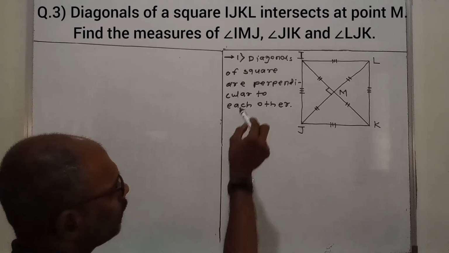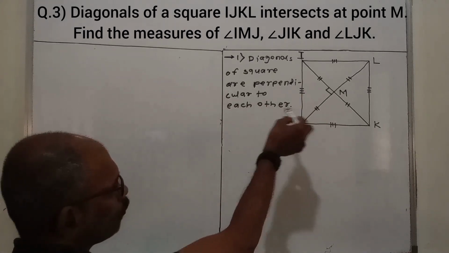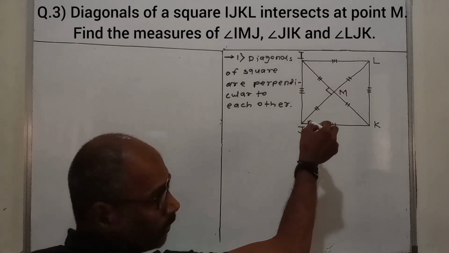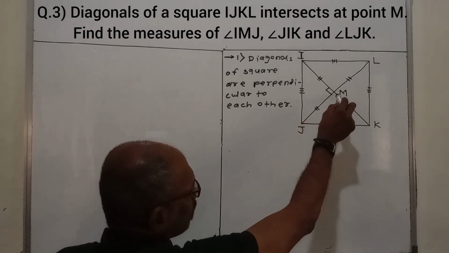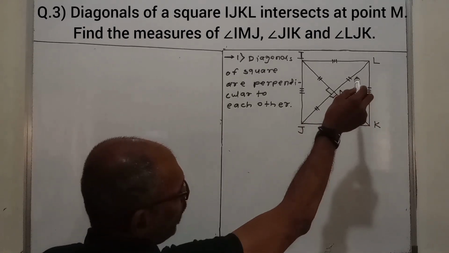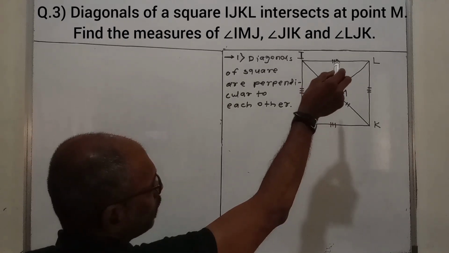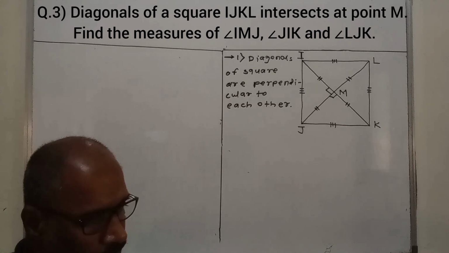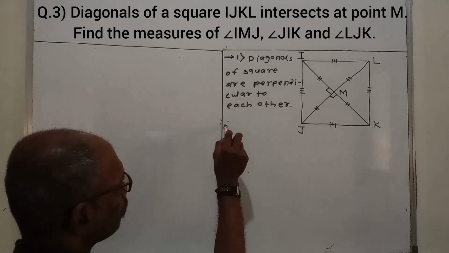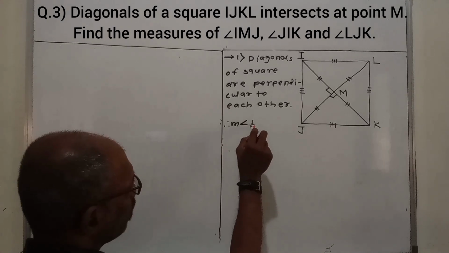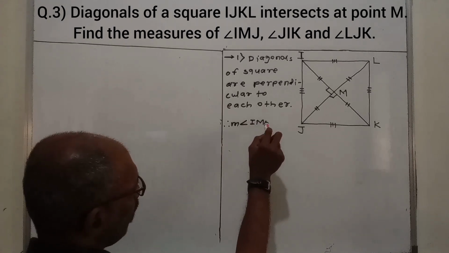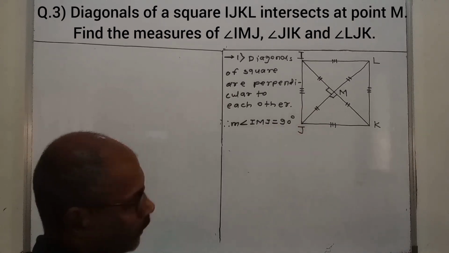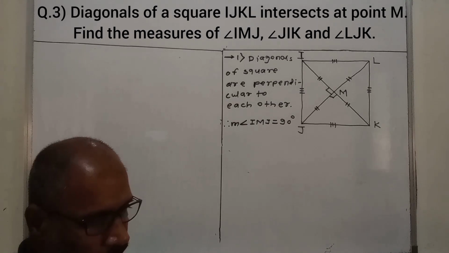But we want only perpendicular to each other. Perpendicular to each other means angle IMJ, angle JMK, angle LMK, angle LMI, all these are right angles, 90 degree. Therefore, measure angle IMJ is equal to 90 degree. This is our first answer. Did you get it?